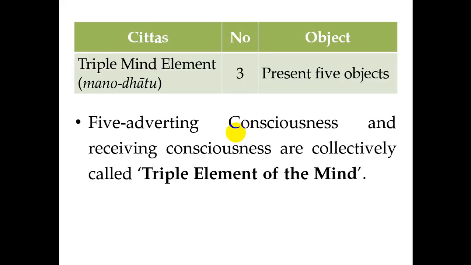They take only the five objects, the objects that have been taken by the eye, ear, nose, tongue, and body. So we can call it present five material objects. Actually, the mind is immaterial, while the eye, ear, nose, tongue, and body are material. So we can call it triple mind element, or manodhatu, takes the present five material objects.